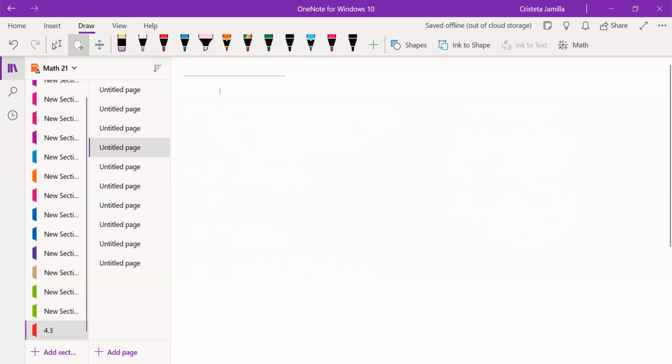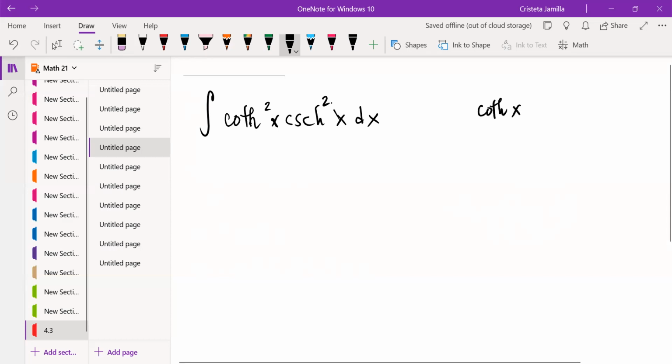Okay. So let's answer this item: hyperbolic cosine squared x times hyperbolic secant squared x dx. For this item, we know that the derivative of hyperbolic cotangent of x is negative hyperbolic cosecant squared x.